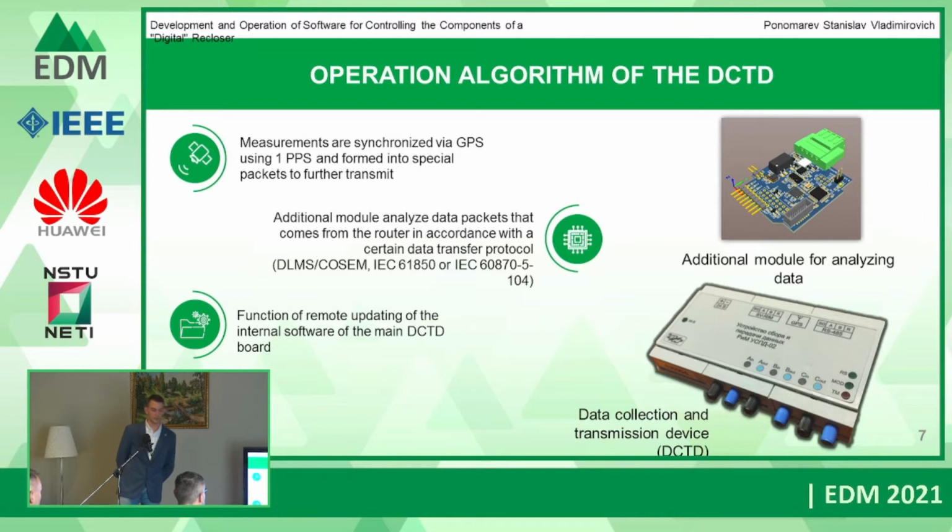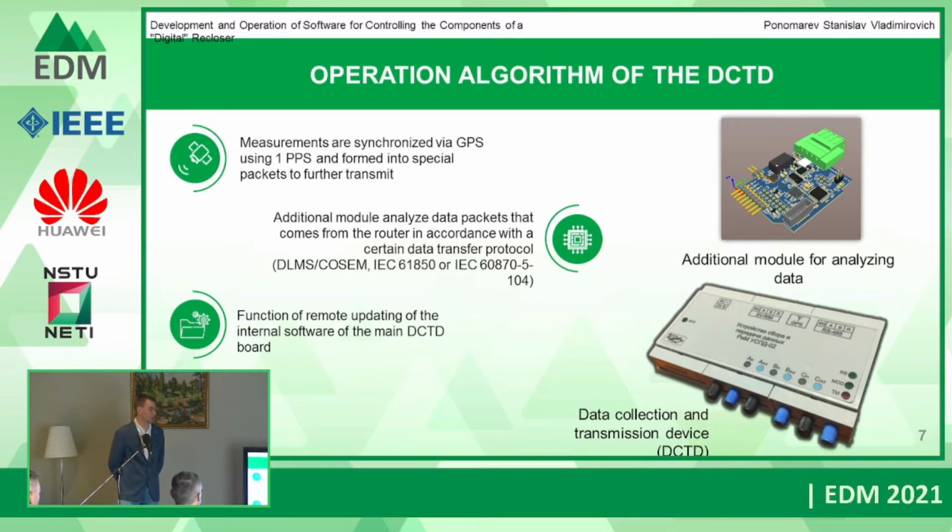Besides that, a lot of the SCADA systems and commercial metering systems use different data protocols. So we add an additional module for analyzing this data. It's shown on the right side of the slide at the upper level.